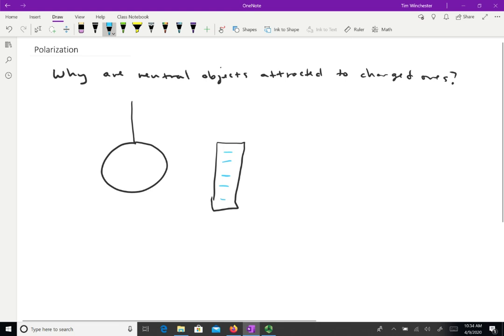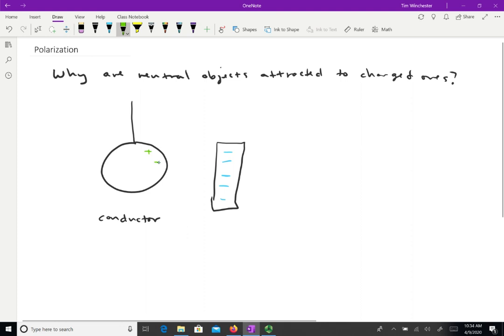And if we think of this conductor as having a bunch of positive and negative charges, then the positive and negative charges are free to move on a conductor. And so for positive charges, what we expect to see is that the positive charges are attracted to the negatively charged object, so they should want to move closer.